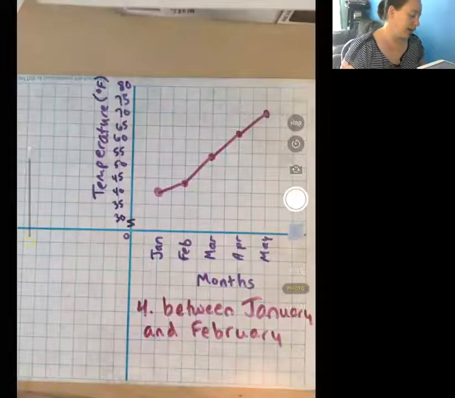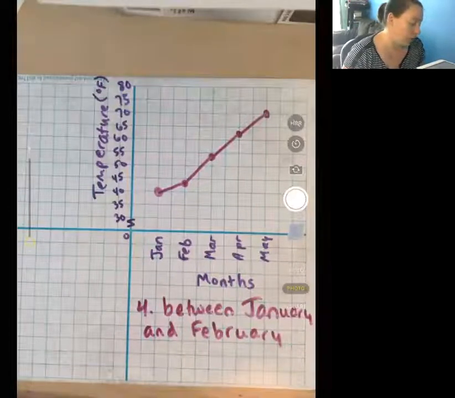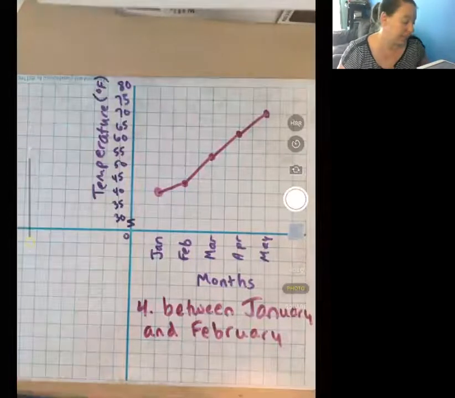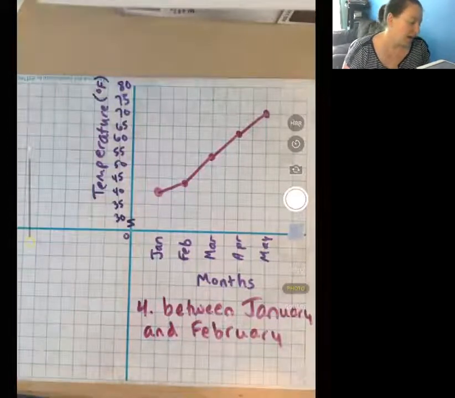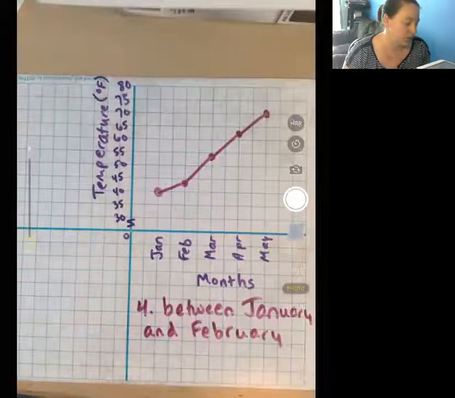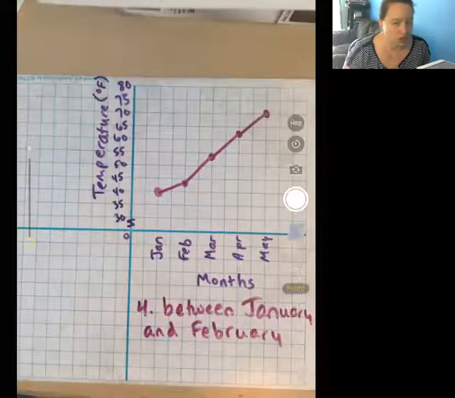So down at the bottom on your own, it is once again just making a graph exactly like what we did here. I would say since it only goes up to 32, well, your months are definitely going to be each individual month.